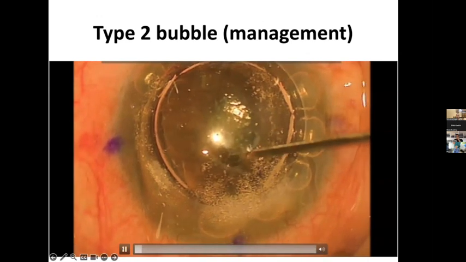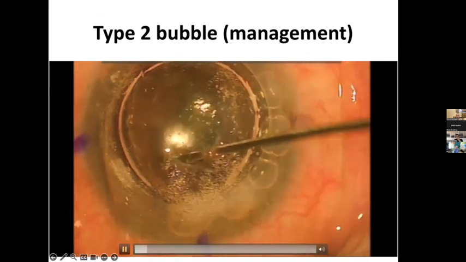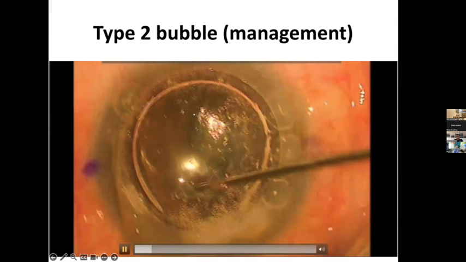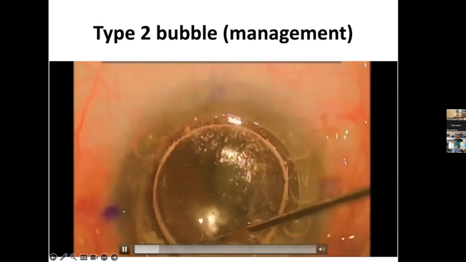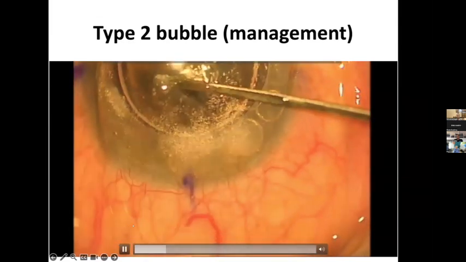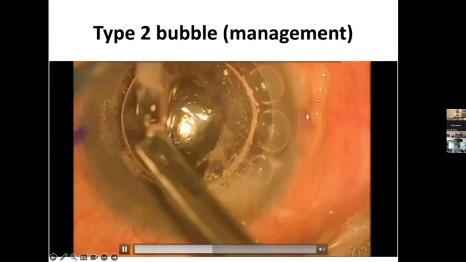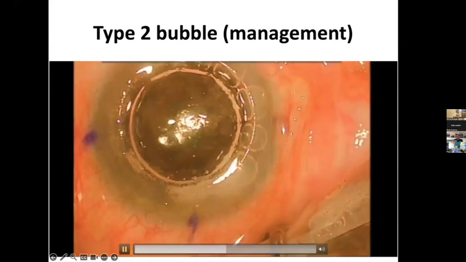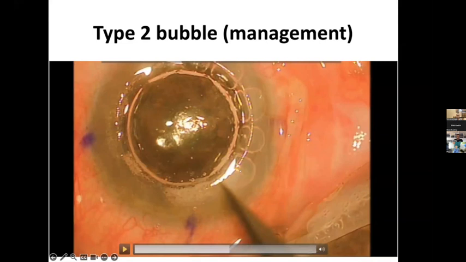So after removing 1 or 2 layers, I'm using the stromal microbubbles to reach the predescemetic layer. Now I'm having a type 2 bubble. These are bubbles in the anterior chamber displaced to the periphery, and the type 2 bubble is covered by the predescemetic layer and maybe a part of the stroma.